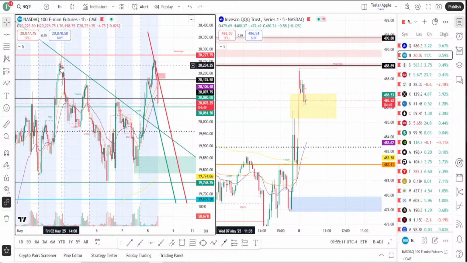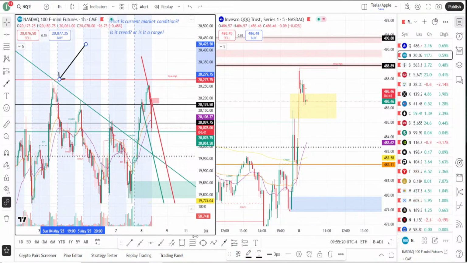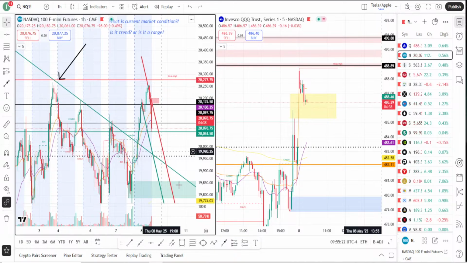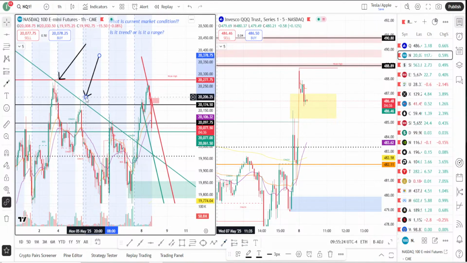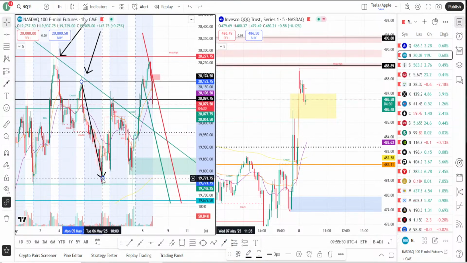What did it do here, when it came down off of this resistance? We see that there was a lower high before a huge move down. That was a lower high before a huge move down.